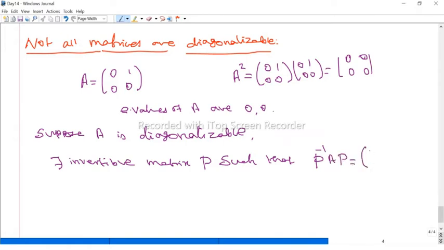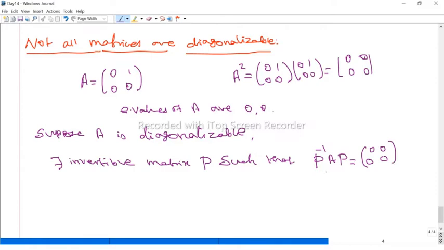But the diagonal elements of this diagonal matrix are the eigenvalues of the matrix, and the eigenvalues of A are 0, 0. Therefore, we get the zero matrix.